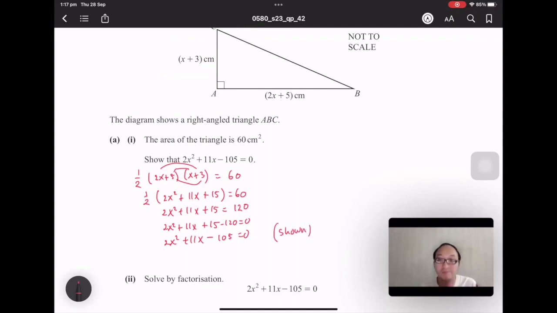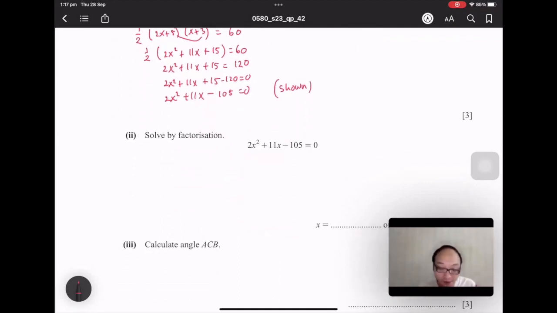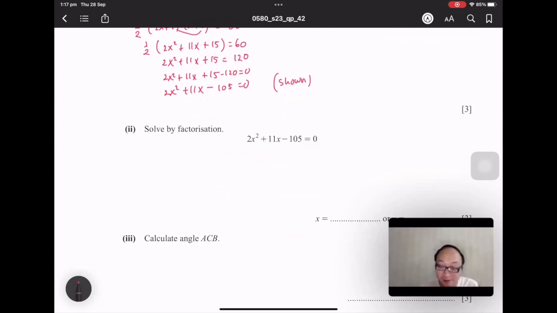Solve by factorization. So we can do the factorization. So this is 2x times x, and then 105 is 21 times 5. So 21 times 5.